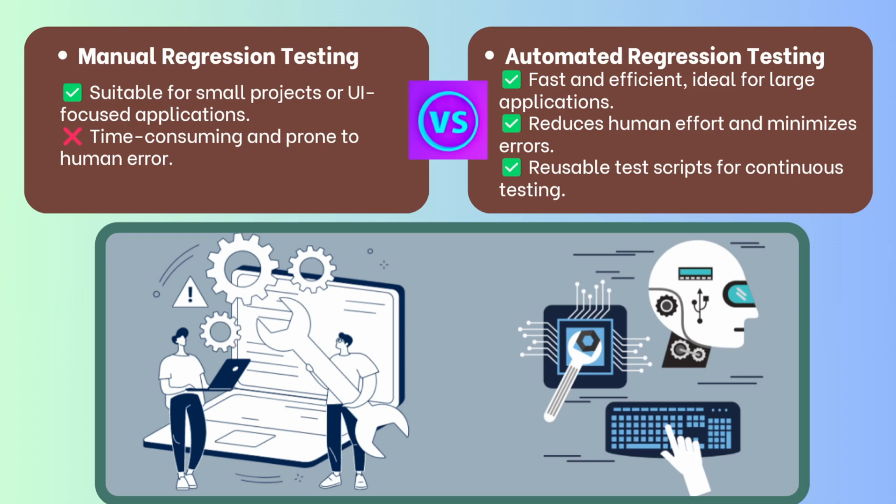Automated regression testing is fast and efficient. It is ideal for large applications. It reduces human effort and minimizes errors. It also reuses test scripts for continuous integration.